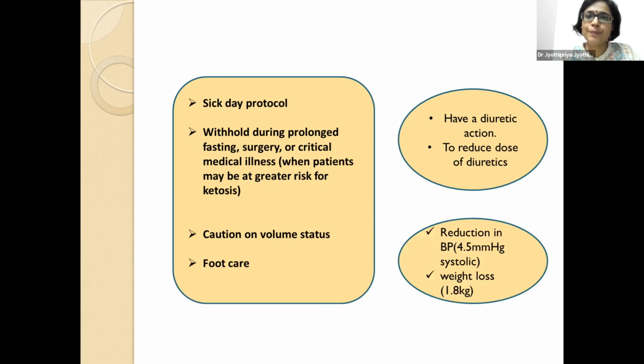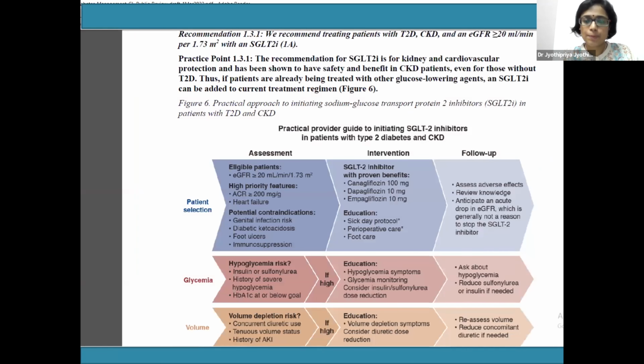Apart from the proteinuria reduction benefit and the blood sugar lowering effect, there is a benefit of reduction of blood pressure and even weight loss with SGLT2 inhibitors. And this was explained already. Now, one thing I want to emphasize is that when we start SGLT2 inhibitors, there can be a small acute drop in eGFR.